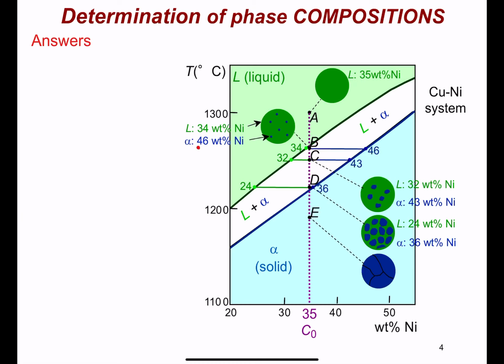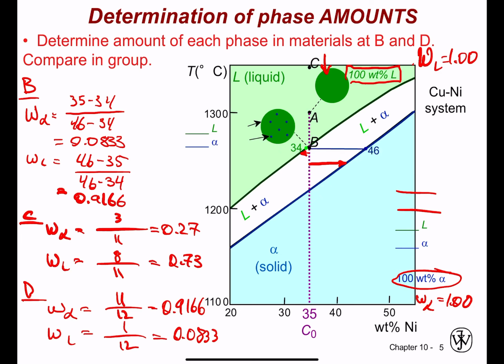So the alpha was 46%, and then it became 43, and eventually 36 for cases that had a weight fraction equal to 8%. Weight fraction alpha here equal to 27%, and then eventually weight fraction alpha here equal to 92%. Showing it all on one slide there. Good.